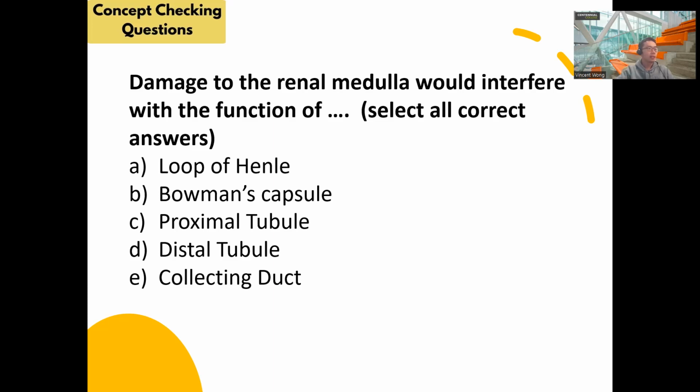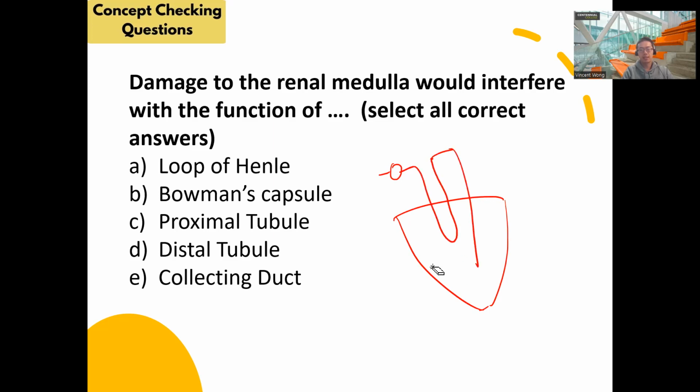All right, I have quite a bit of results here. So this question really asks you to think about the nephron position. We have the Bowman's capsule, proximal tubule, loop of Henle, distal tubule, and collecting duct.